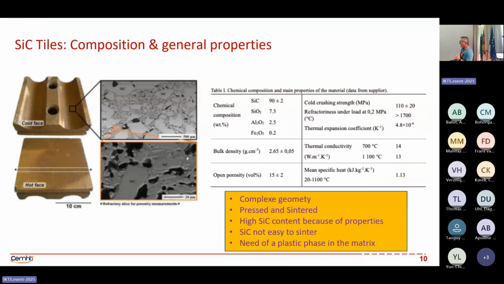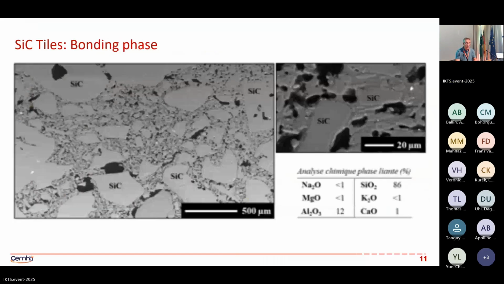And that's why we will see that we have a clay as the bonding phase, and this bonding phase plays a very important role. The table is not very clear, but nevertheless, you can see the big content of silica. It is a clay.